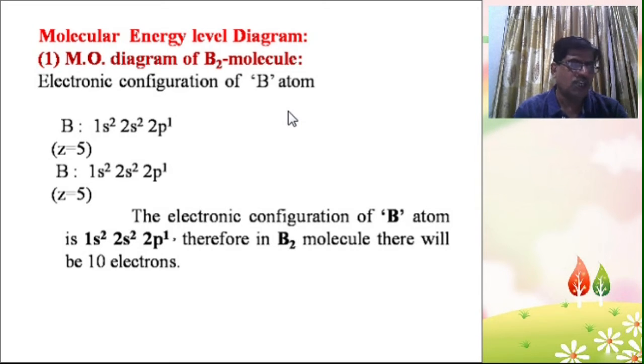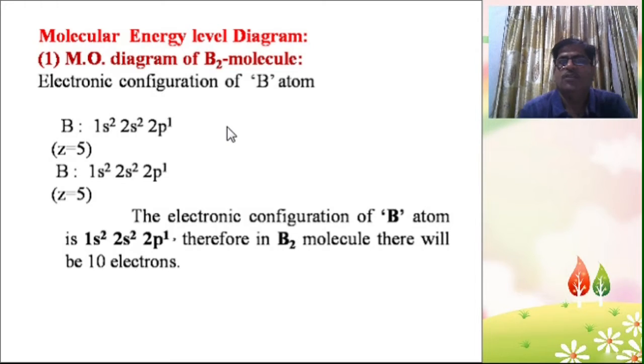So the first molecule here is B2. B means boron. In solid form it is boron, but the B2 molecule exists in the vapor phase. So what is the electronic configuration of boron?